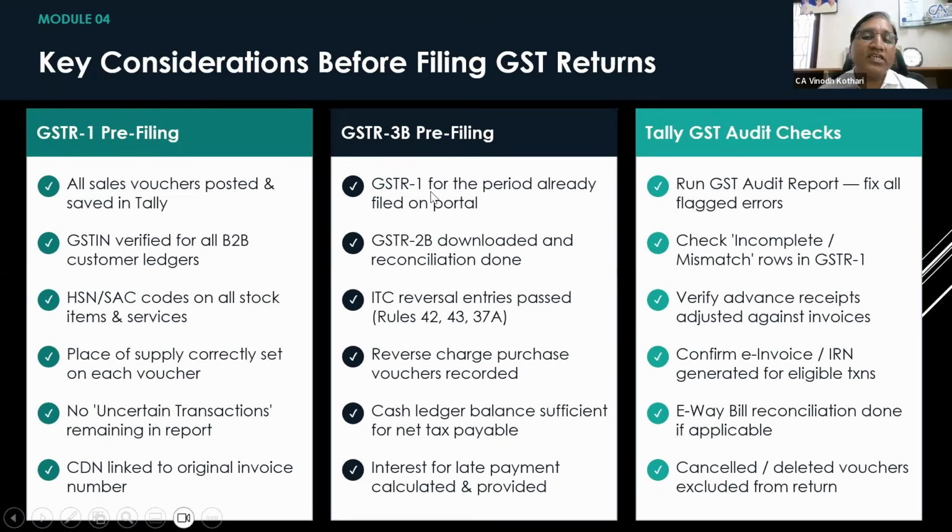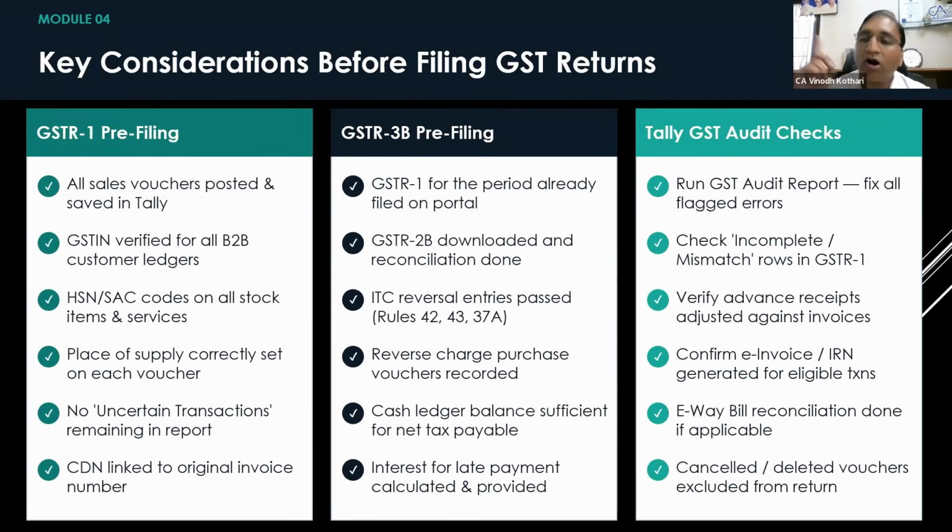Then 3B filing, GSTR1, 2B reconciliation download. The most important aspect is RCM. And I will tell you, RCM 100% will not match. But you have to ensure that whatever RCM is reflecting in the 2B or 2A, whether you have accounted for it or not.